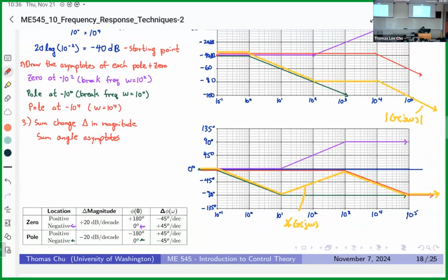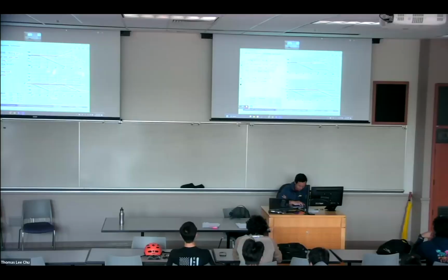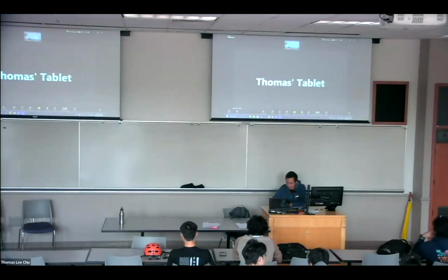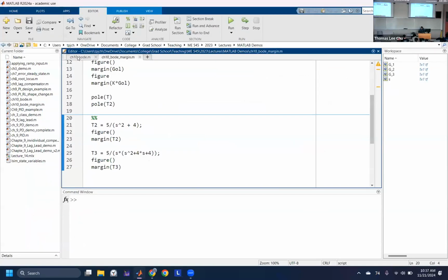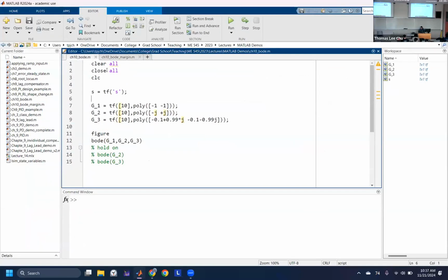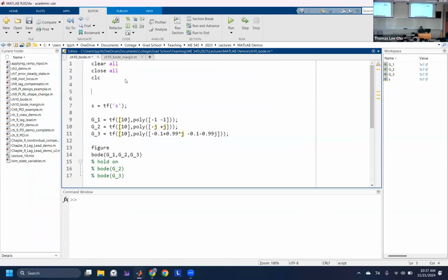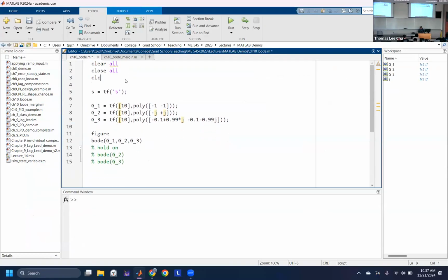So let's actually code this up in MATLAB. Actually, I don't have this in MATLAB. All right, that's going to be for a later demo.